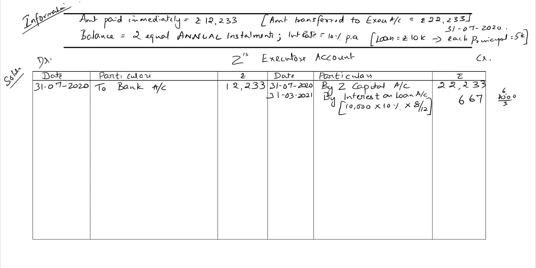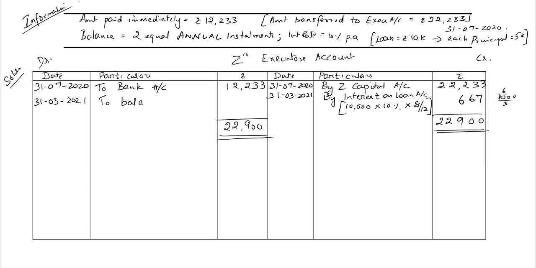We will balance the account. Greater total 22,900. Balancing figure on 31st March 2021.